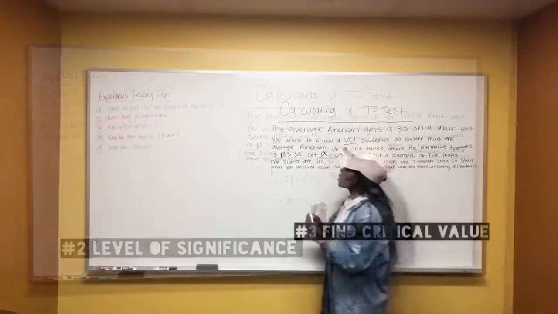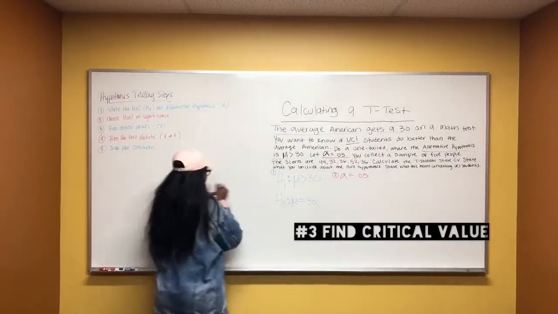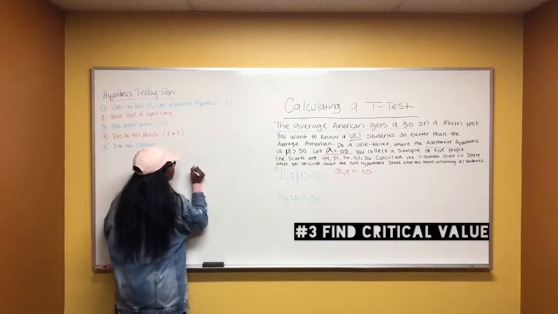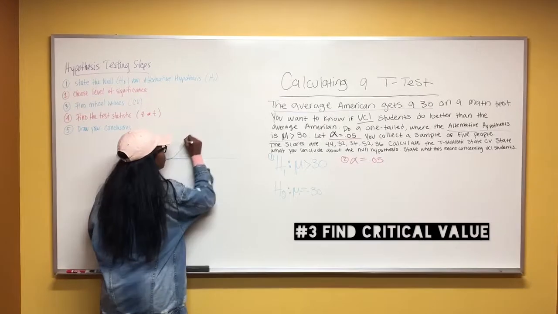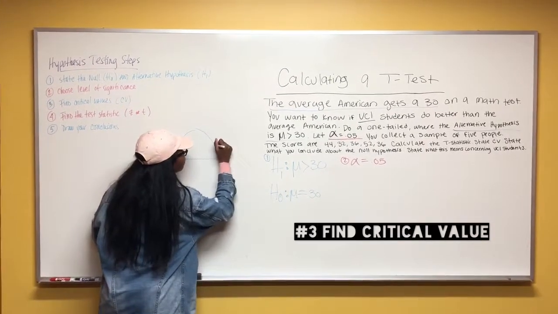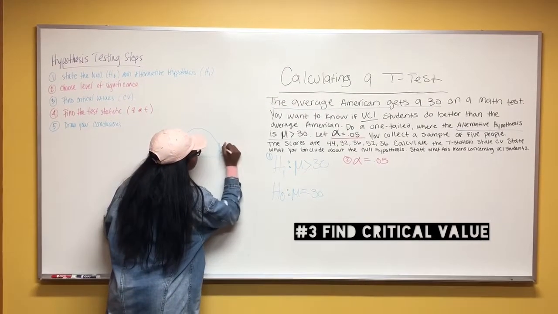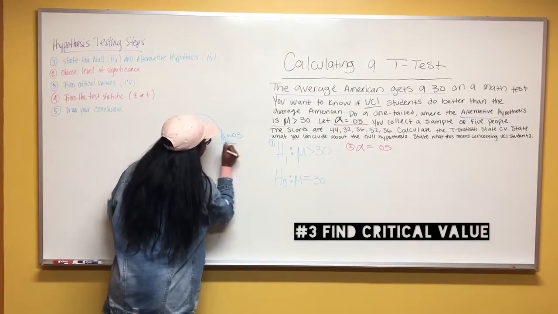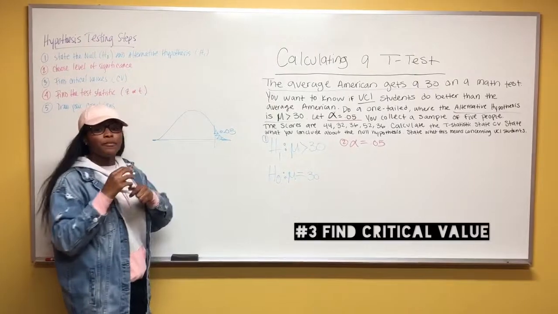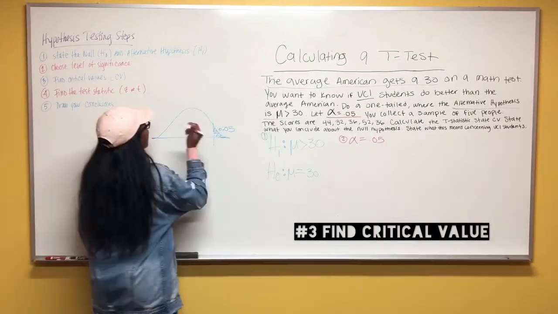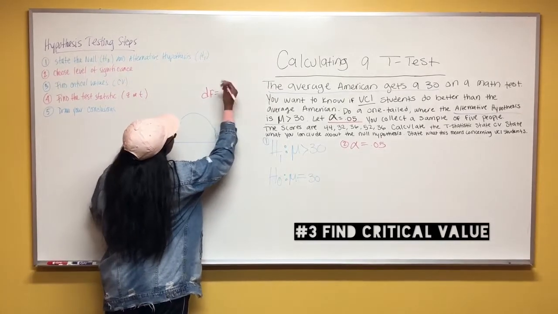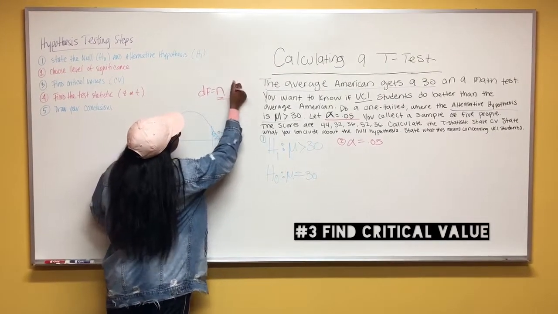On to step 3, finding our critical value. Since we're only doing a one-tailed test, we're focusing on one side of the bell curve. As stated, our alpha is equal to 0.05. Since we're doing a t-test, we focus on the degrees of freedom, which equals our sample size n minus 1.